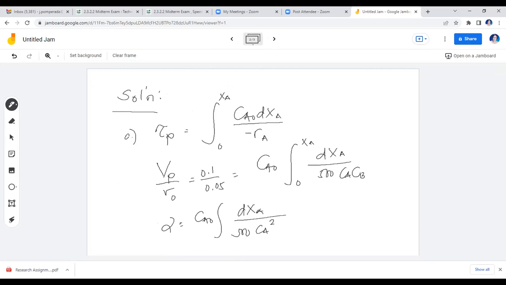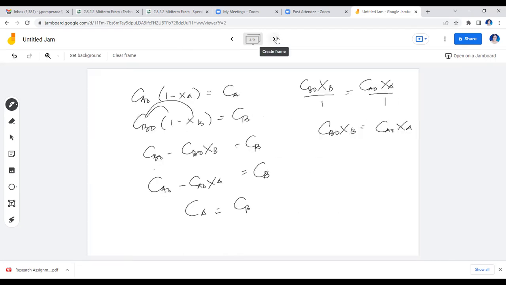Now we can rewrite this further by writing CAO dXA, you have 500, and you have CAO squared (1 minus XA) squared. Okay, so we cancel this one, we still are left with 1 CAO. So we have this CAO here, and this 500 will cross multiply with the 2.